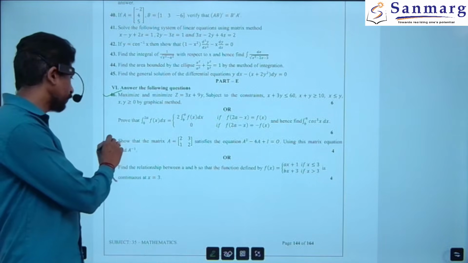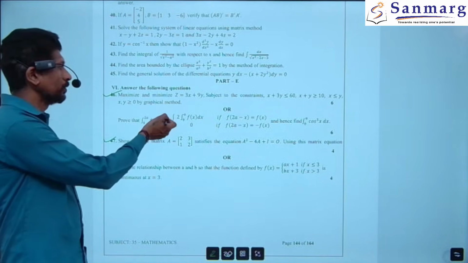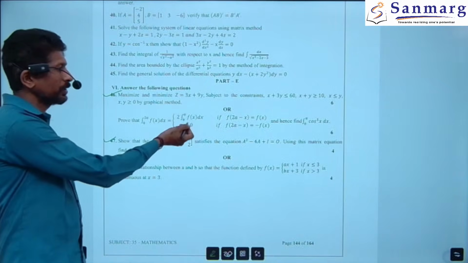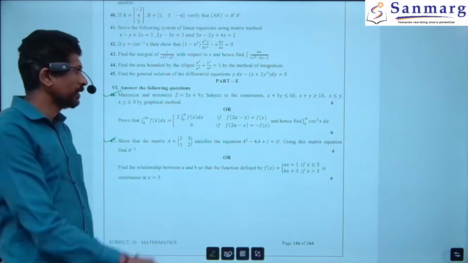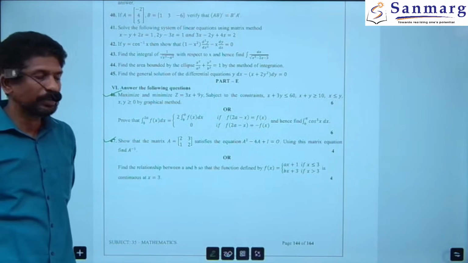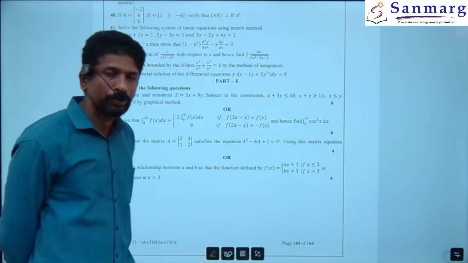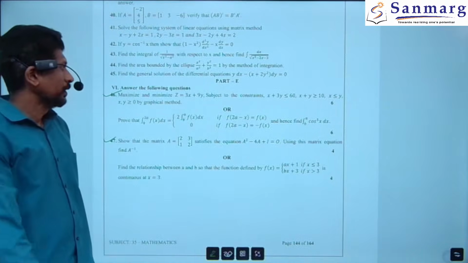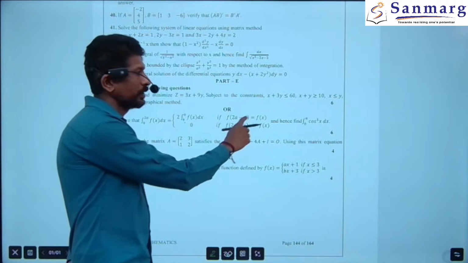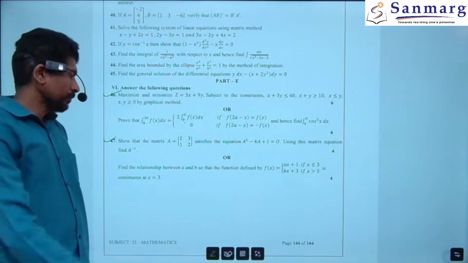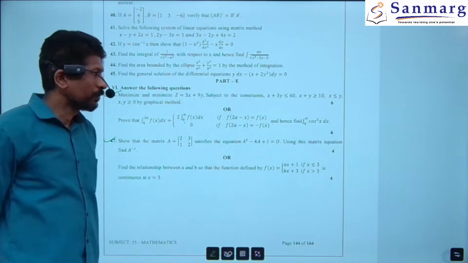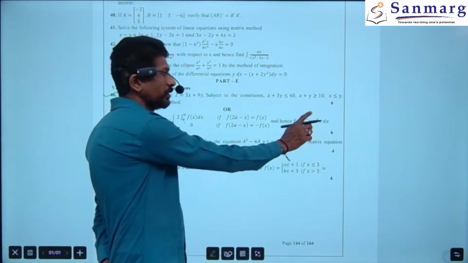Now I will go with the 47th. Either the LPP problem or the integration, you will get 6 marks. The integration is based on the properties, as you know, P0, P1, P2, P3 up to P7. You have to solve it and find the value of that integration. For solving this property, you will get 4 marks, and solving that problem you will get 2 marks.